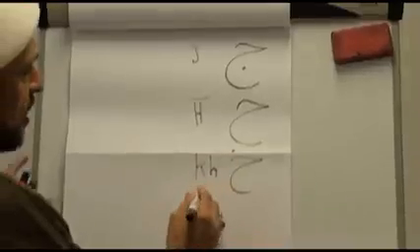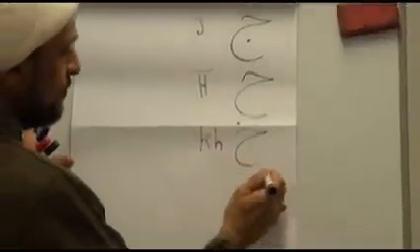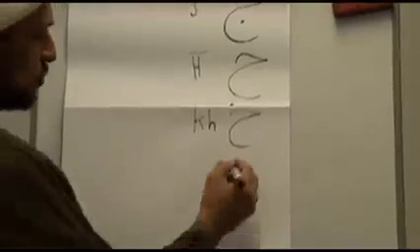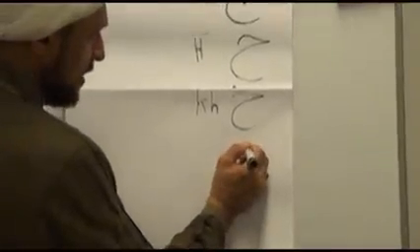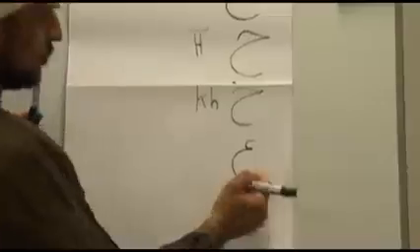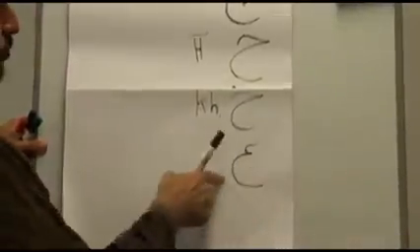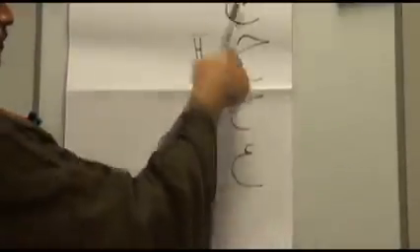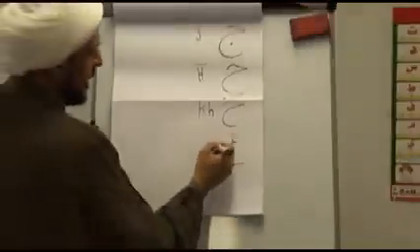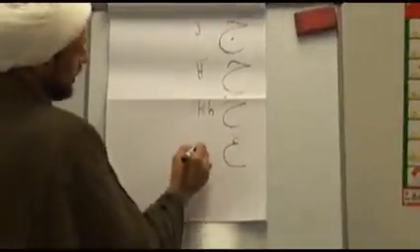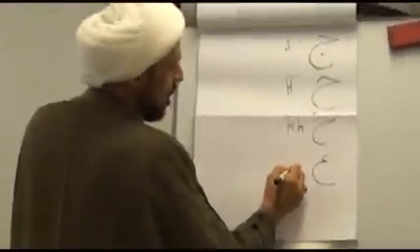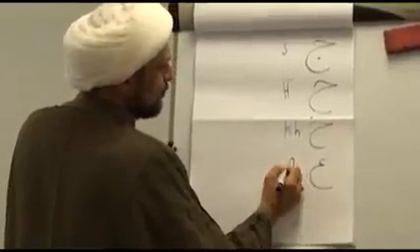So this is kha. And then we have this same look. We have this Ayn. You see this frock dress I talked about? Ladies' big dresses. Ayn is like an ah, but from deep inside the throat.